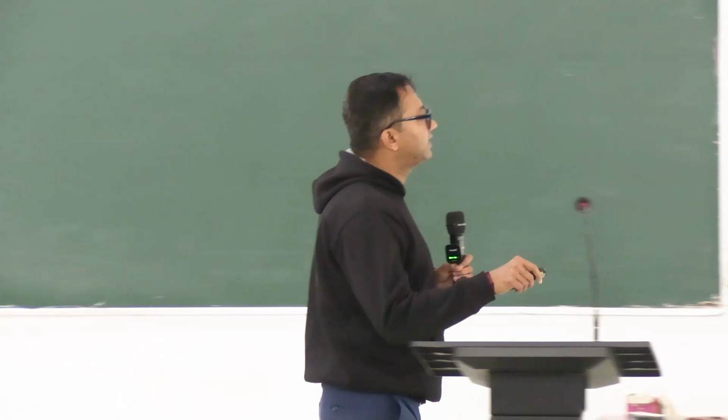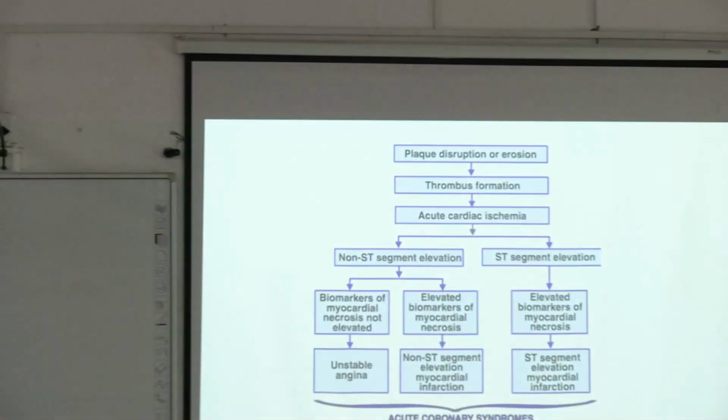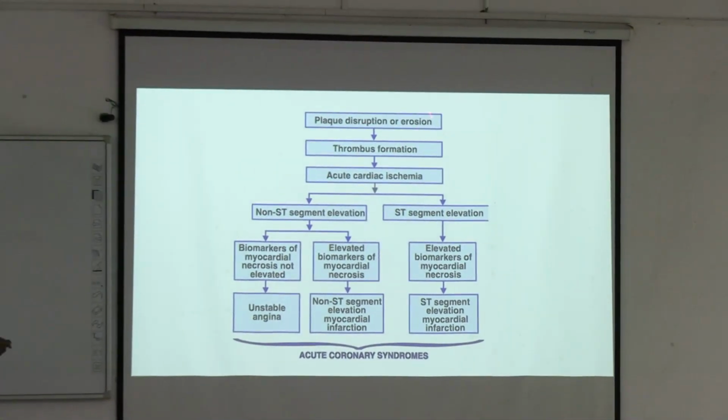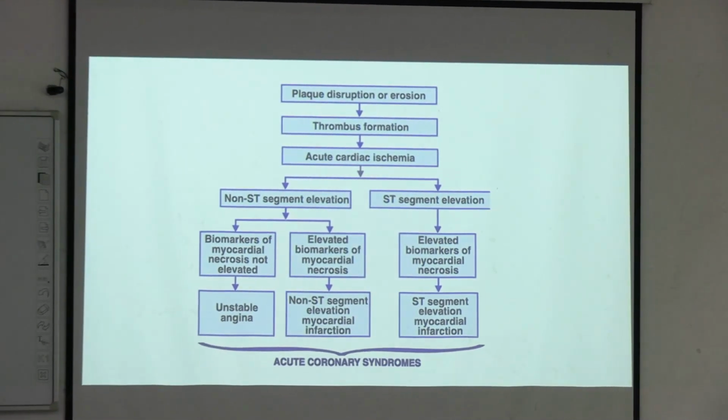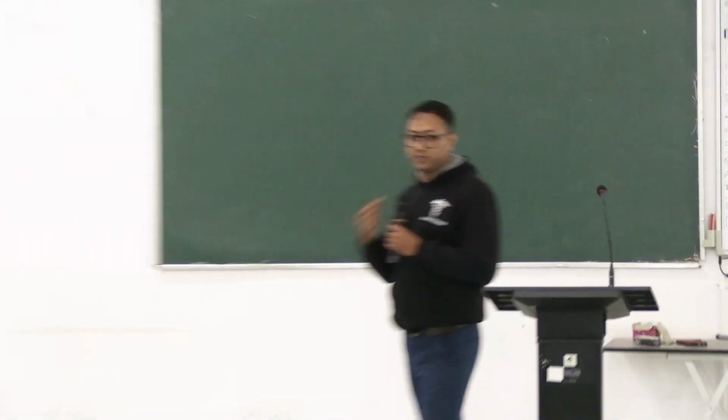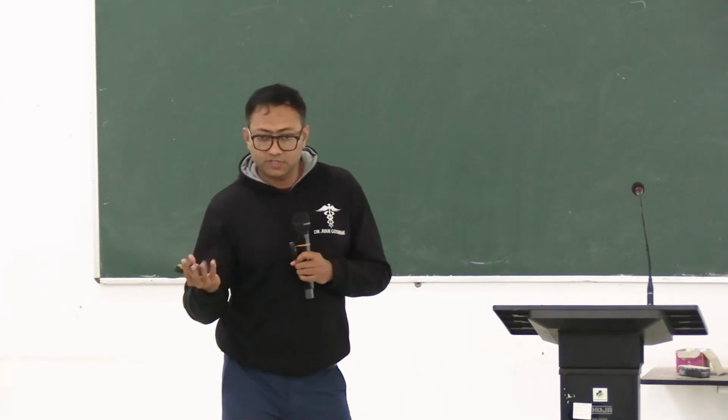Okay. So first there is plaque disruption or erosion, which leads to thrombus formation. So first there will be endothelial injury within the blood vessel, right? And it will lead to thrombus formation. Thrombus means blood clot, you know, right?